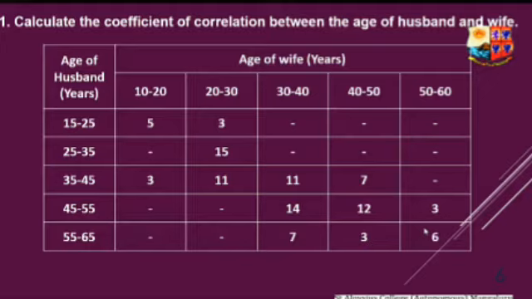Now you are finding Karl Pearson's correlation coefficient between the age of husband and age of wife. You have a bivariate table like this. Look at the cell frequency 5. The meaning of that is there are 5 couples with the husband's age between 15 to 25 and the wife's age between 10 to 20.